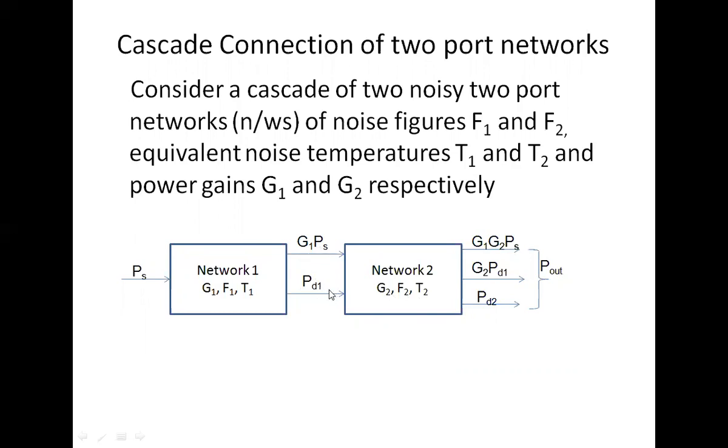So the output will be G1 PS into G2, plus G2 multiplied by PD1. These two are due to the source, and the last is due to device 2, that is PD2. So the total output power is made up of three terms: G1 G2 PS, PD1 multiplied by G2, and the device noise PD2. For the first device, there is only the source PS multiplied by G1 plus the device noise power PD1.